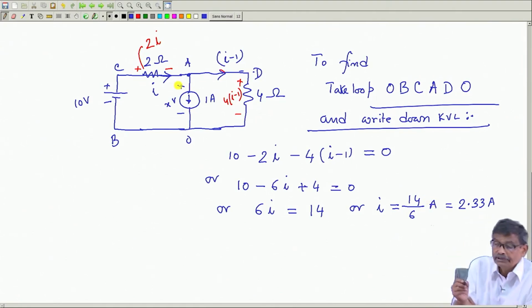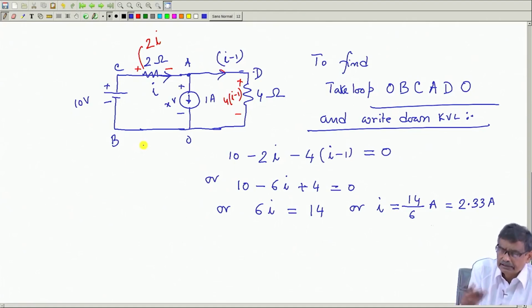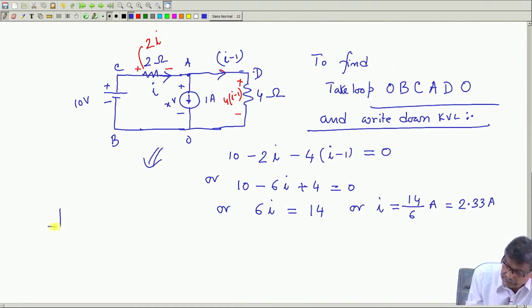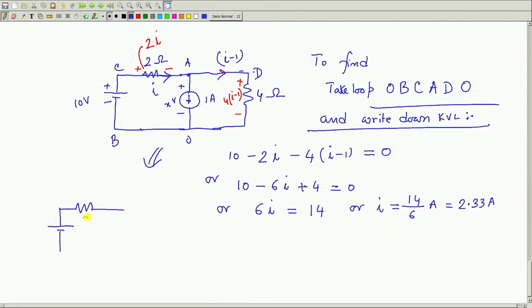Then what I will do is this, I will redraw the circuit, although it will not be necessary as you become more familiar with the system, but to begin with, it is always better after you have solved the circuit, to redraw the circuit like this. Here was the current source, 1 ampere, and here is another resistance, 4 ohm.